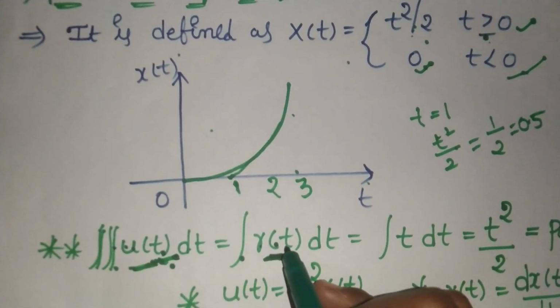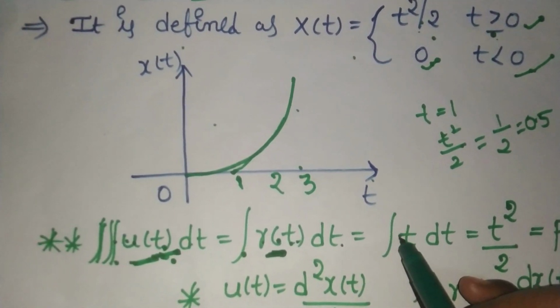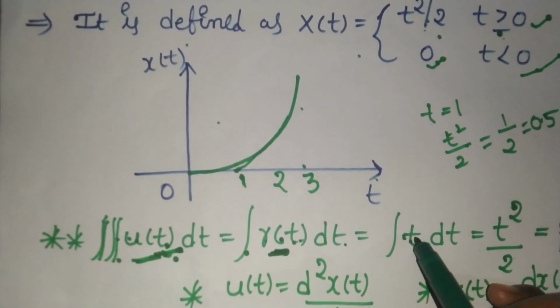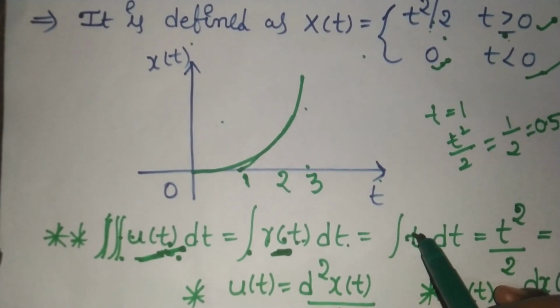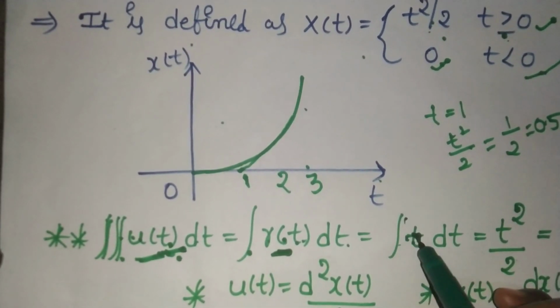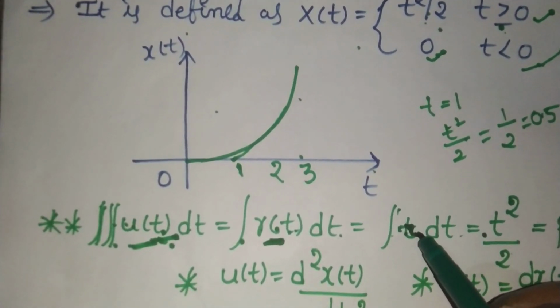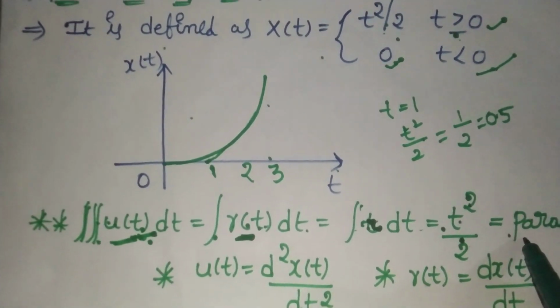Then the integral of the ramp signal R of t, where for t greater than or equal to 0 the value is t, is the integral of t dt, which is t square by 2. In this way we get the parabolic signal.